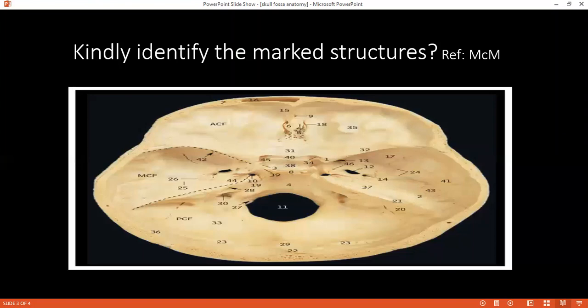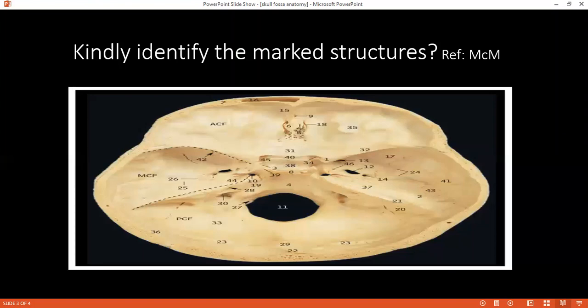Can you also please tell me what bones form the posterior cranial fossa? The bones forming the posterior cranial fossa are the petrous part of the temporal bone, the occipital bone, and the parietal bone. Can you tell me which venous sinuses are present in the posterior cranial fossa?